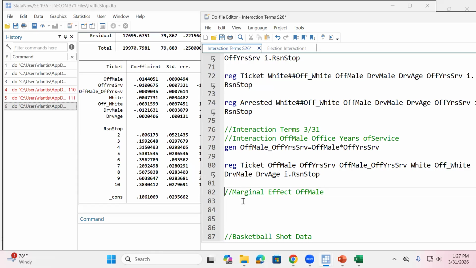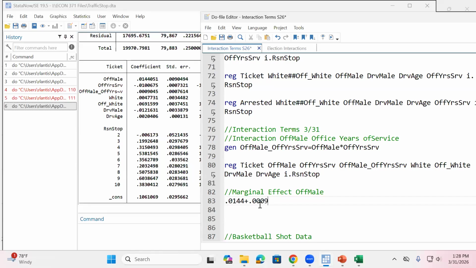Well, it would be the coefficient on is the officer male, here rounding to the 4th decimal. But then also, I would be taking a derivative of this function with respect to officer being male here. So it would be 1 times the officer's years of service and whatever coefficient is associated with that interaction term. So I would be adding in what?